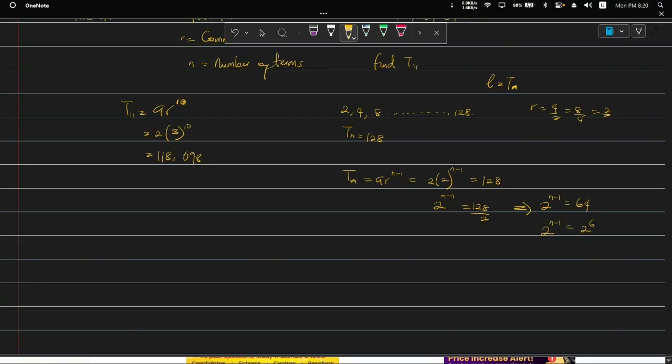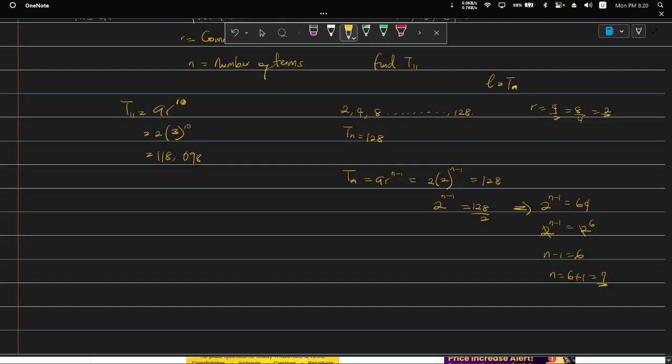For those that don't understand, solve a lot of questions and you'll be used to how most of these numbers work. So 2 can cancel 2 and I'm going to be left with n minus 1 is equal to 6. Collect like terms and it becomes n is equal to 6 plus 1, which becomes 7. Very easy, right? Yes, it is very, very easy.